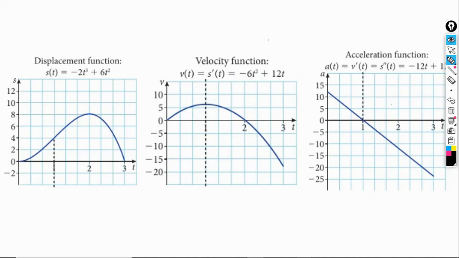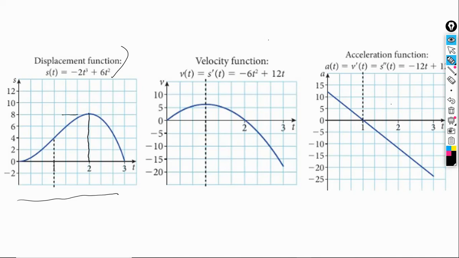So precisely in the next slide, what we have is a graphical representation of the situations in the previous example. This first graph that we have to the left is the displacement function. And notice that the displacement function reaches a maximum precisely at 2 seconds, as we found out. And we used velocity to determine the maximum displacement.